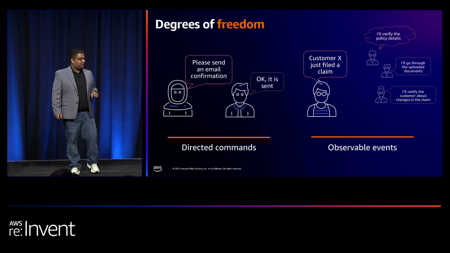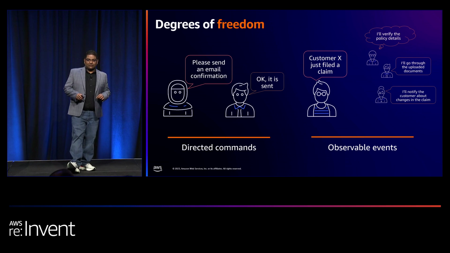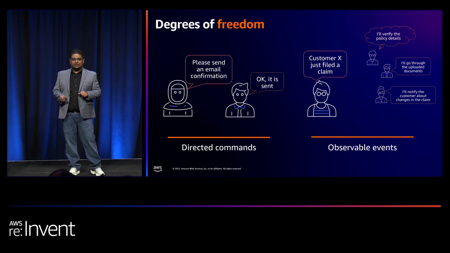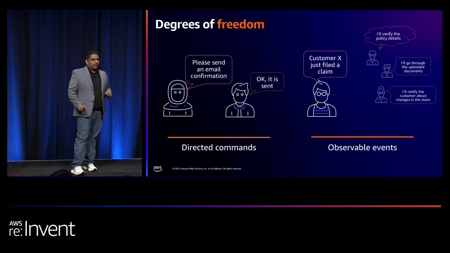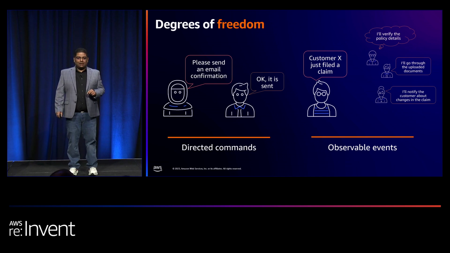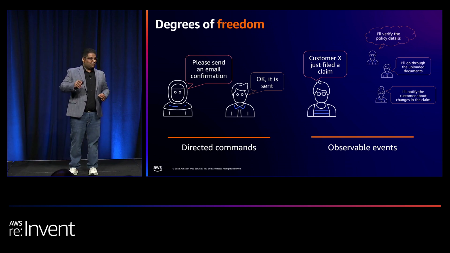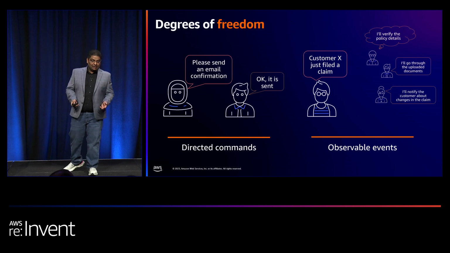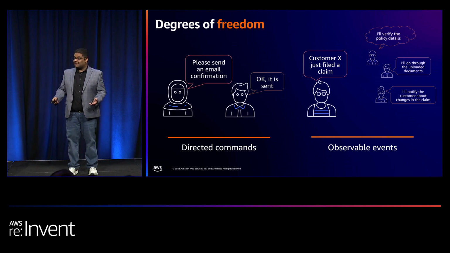But what you get with event-driven architecture is observable events. So think about this example of filing an insurance claim. If a producer sends that customer X has just filed a claim, and that's an event that goes to the event broker, I can have multiple consumers from different domains that can subscribe to that particular type of event, that a claim has been filed, and then they can work simultaneously.